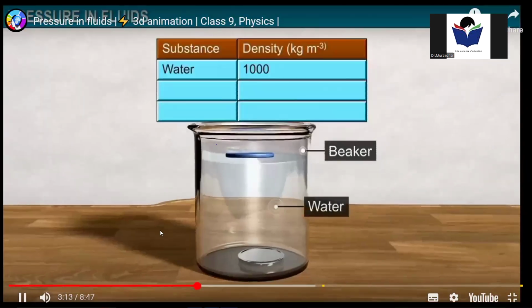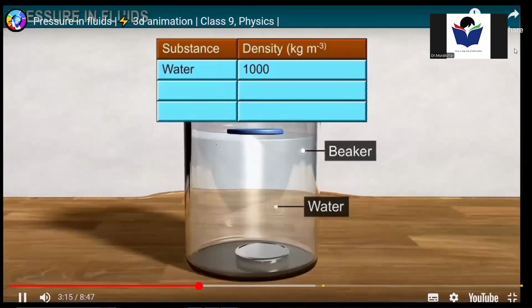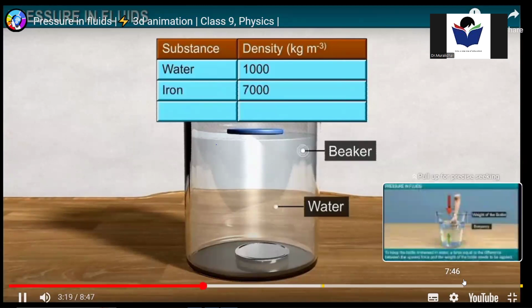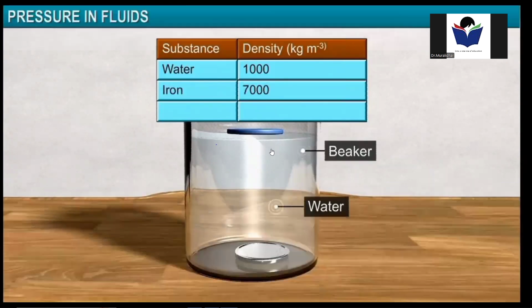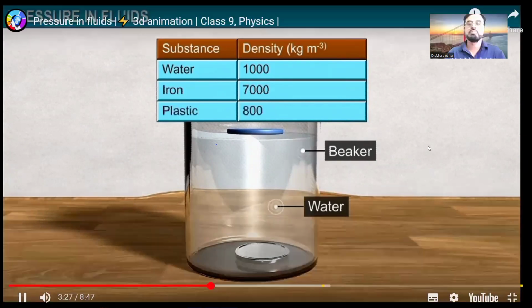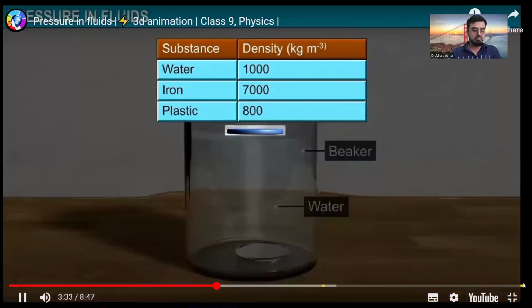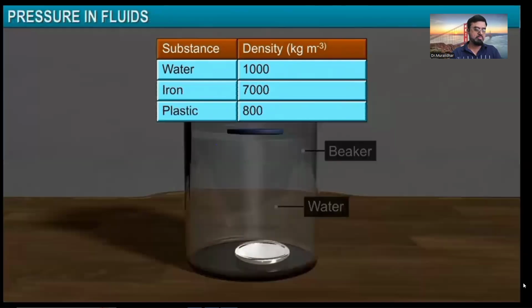The density of water is 1000 kg per cubic meter. The density of iron is 7000 kg per cubic meter. The density of plastic is 800 kg per cubic meter. The plastic coin floats and the metal coin sinks.